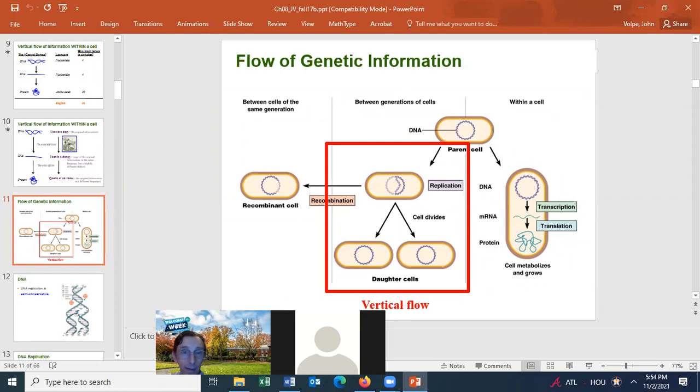All right, let's talk about the flow of genetic information between generations of cells, where the information flows from a parent cell to 2 daughter cells. This is called the vertical flow of information.